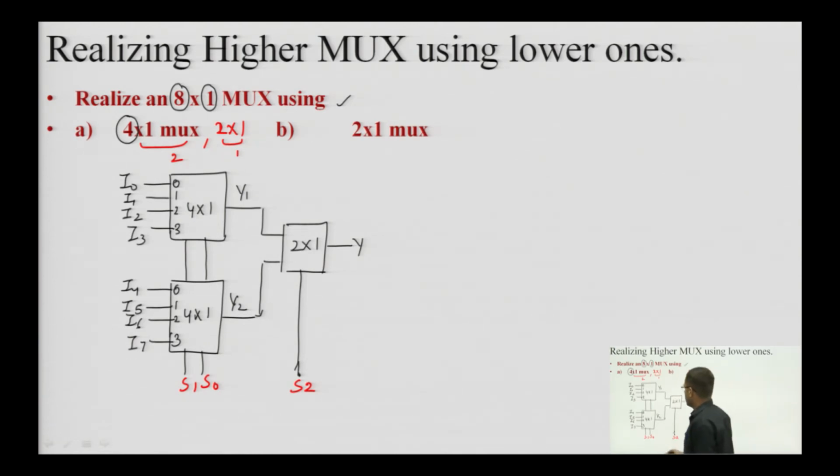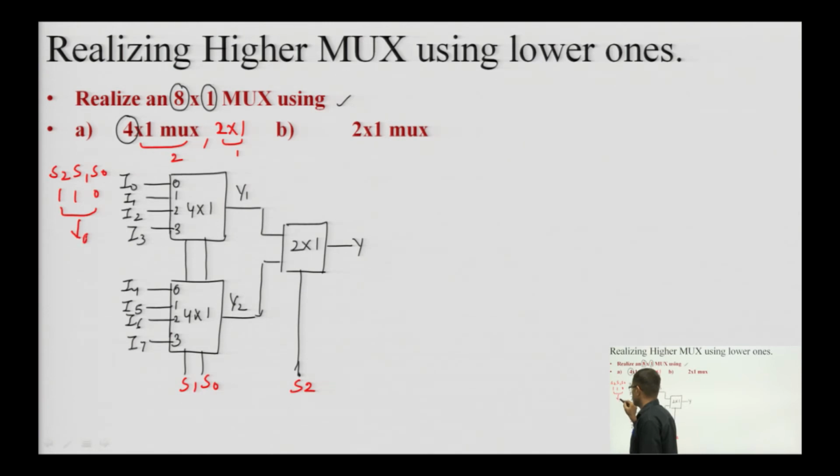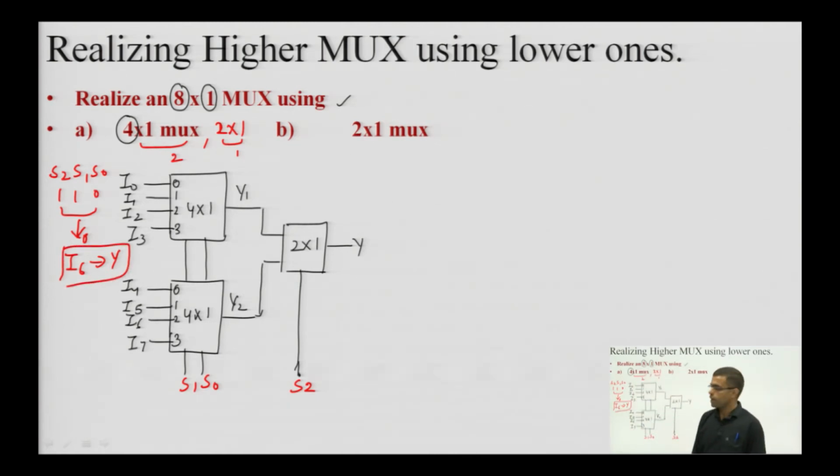Now, we can see that if we choose S2, S1, S0 is equal to 1 1 0, this 1 1 0 corresponds to 6, that means I 6 should be connected to Y. So, let us check whether we are getting this I 6 connection at Y. So, S2 is equal to 1, S1 S0 is equal to 1 0.